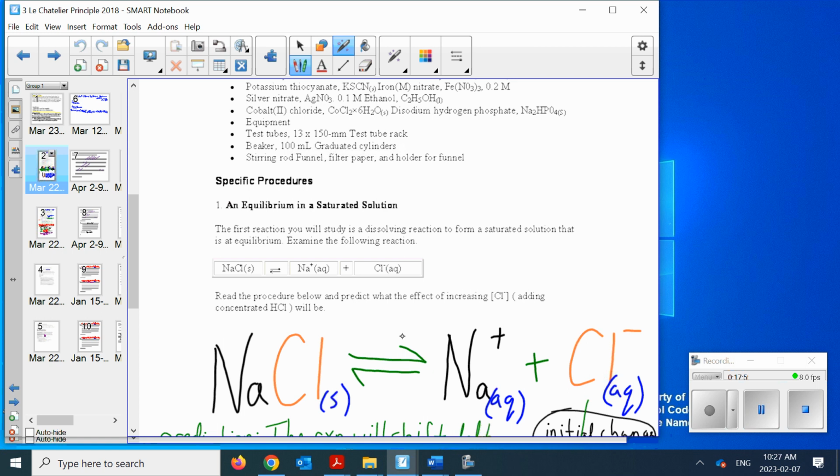When I add the extra in the form of HCl acid, it's going to shift this way more than reverse. It'll also use up the sodium, though. The only way to use up excess chloride is to use up sodium ions, so it's going to deplete the sodiums floating in solution and make more sodium chloride salt. Pause the video.